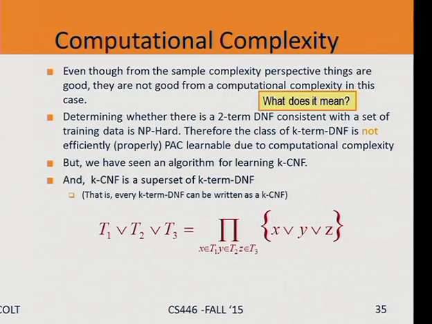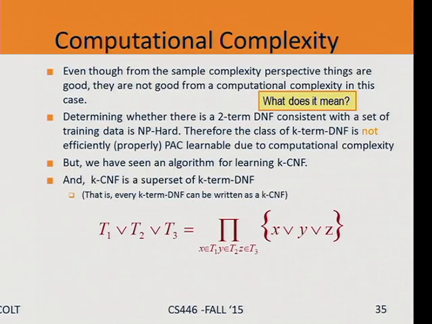So now, what does it mean that I have a positive example of this guy? It means that it satisfies one of either T1 or T2 or T3, maybe all. Let's assume it satisfies T1. T1 in itself is a conjunction. So if it satisfies T1, what does it mean? It satisfies all the literals in T1.